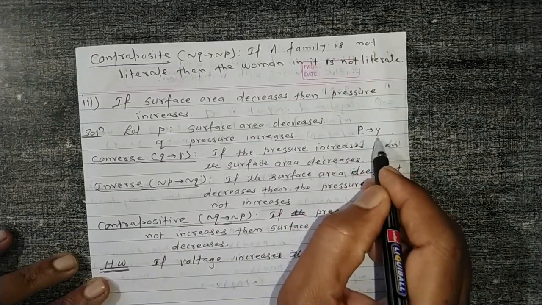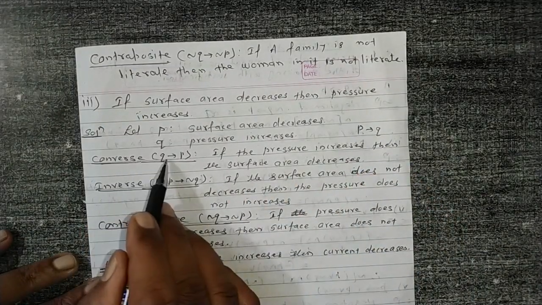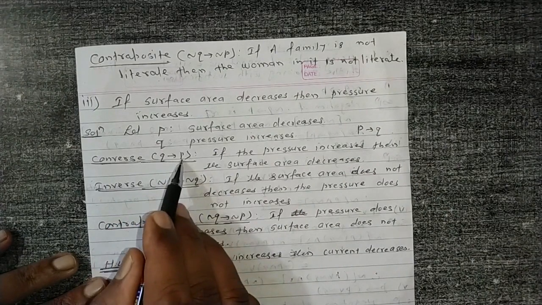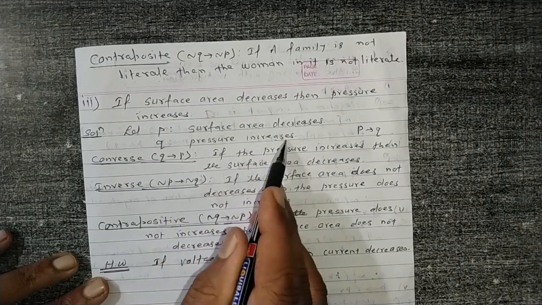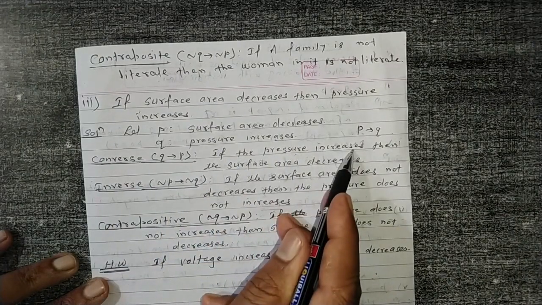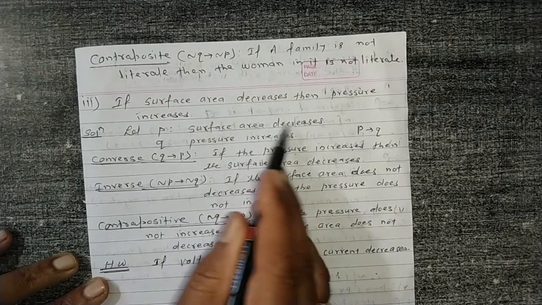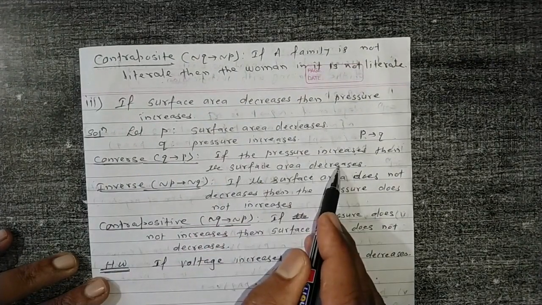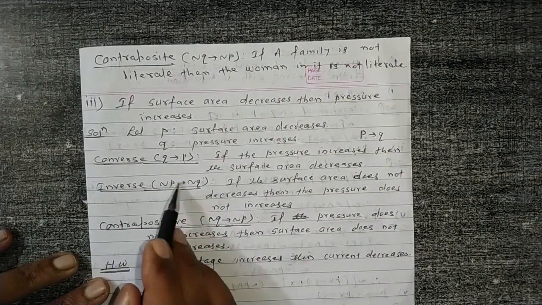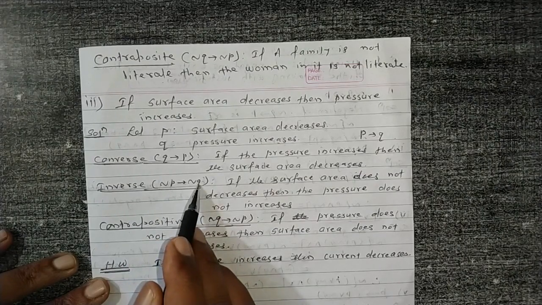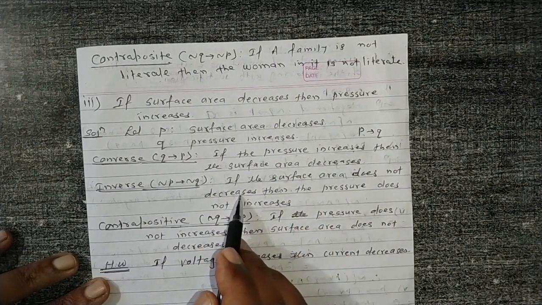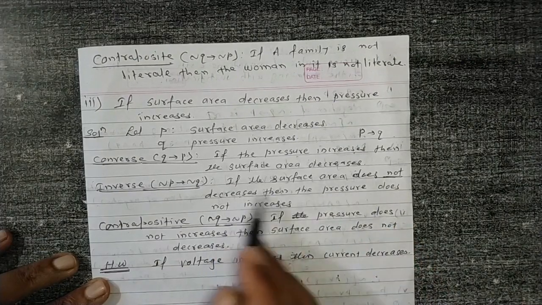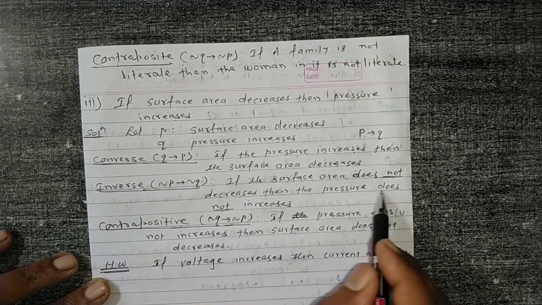Now first its converse, that is Q conditional P. If Q then P: if pressure increases, then the surface area decreases. Inverse, negation P conditional negation Q. We take the negation of both P and Q: if the surface area does not decrease, then the pressure does not increase.